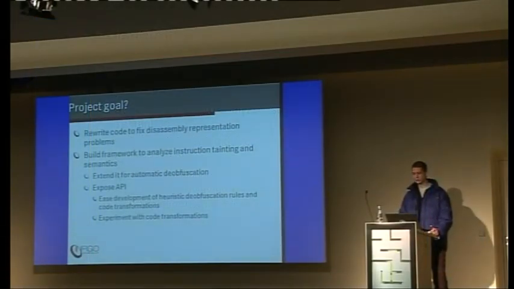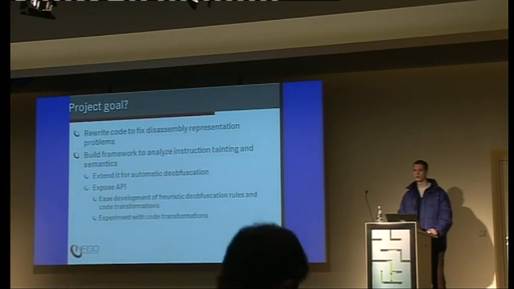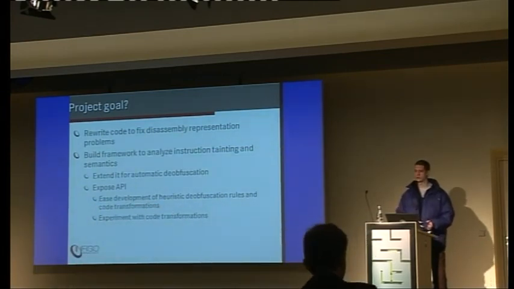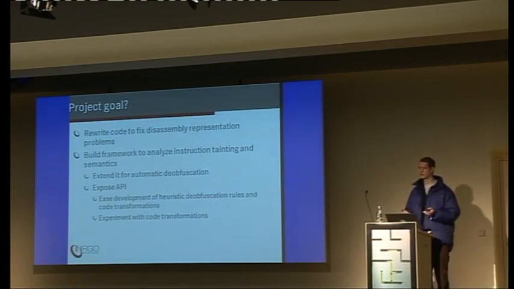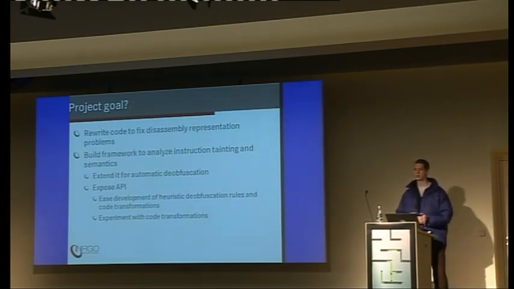The next goal was to build a framework to analyze instruction tainting and semantics. So you have your algorithms that work on assembly. You'd like to somehow lift the assembly representation to something that doesn't contain all the hidden operand and flag tainting that isn't visible while looking at this assembly listing, and you'd like to automate this process as much as possible.